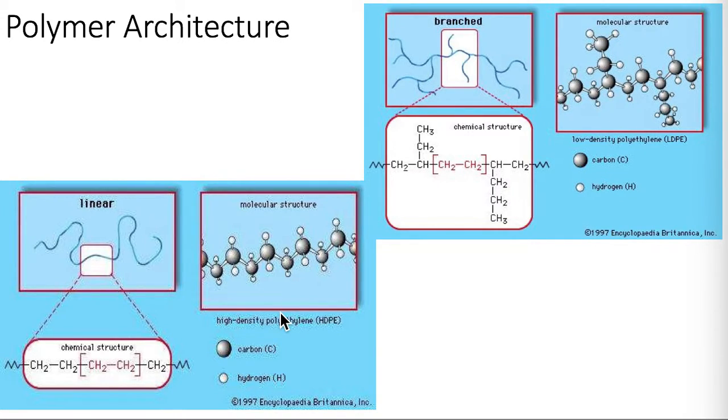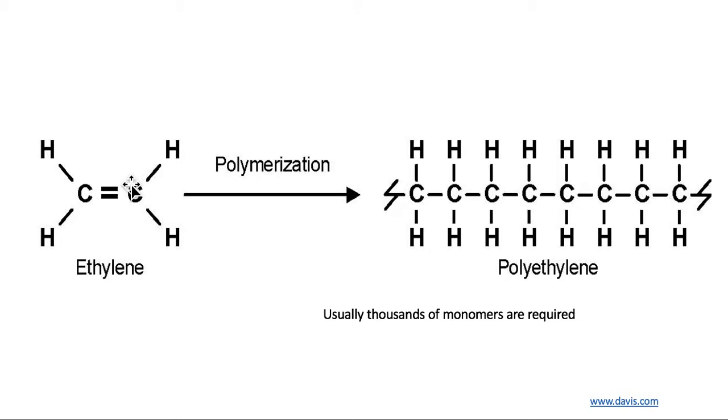So for the unbranched, which is the linear chains, unbranched meaning that there's no branches available, this will give a characteristic to the polymer, which means that they're usually referred to as high density. So going back to polyethylene, right?